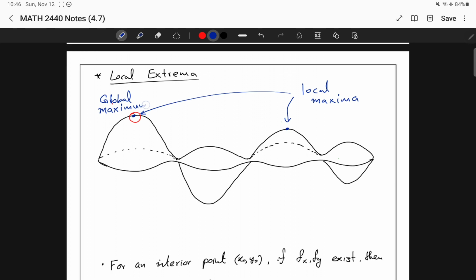Okay, and similarly, these 2 points are called local minima, and the smallest out of them, in this particular picture, is the global minimum.